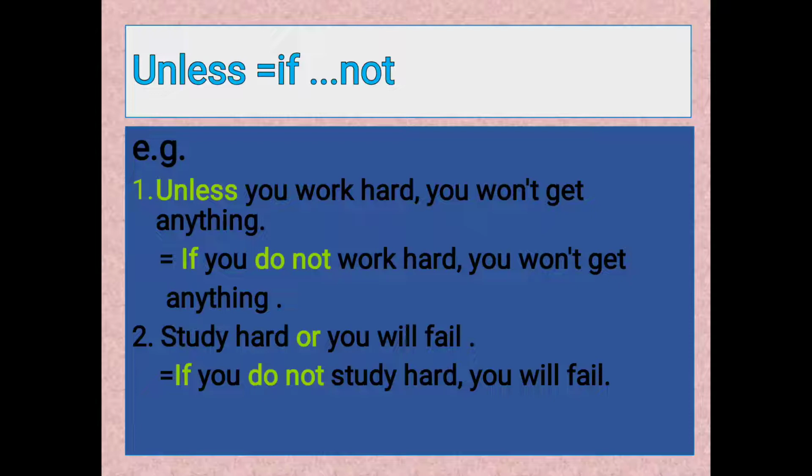And after that, we have used not, as we are going to change into negative. So the answer is if you do not work hard, you won't get anything. So we don't have to see whether this sentence is negative or affirmative, because we have to work only with this word.